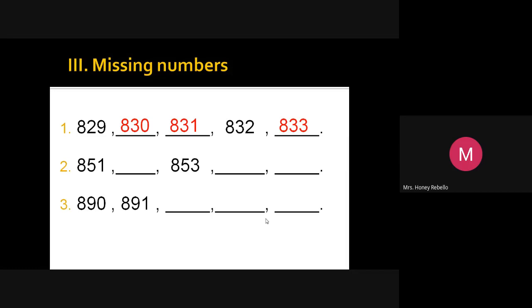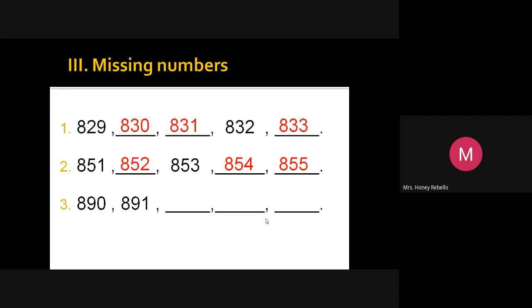Add 1 to the previous number, that is 851 plus 1, 852. You can count in your mind so that you will be able to write 853, 854, 855.